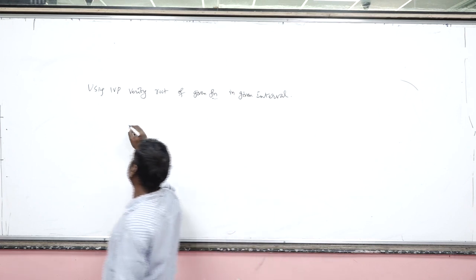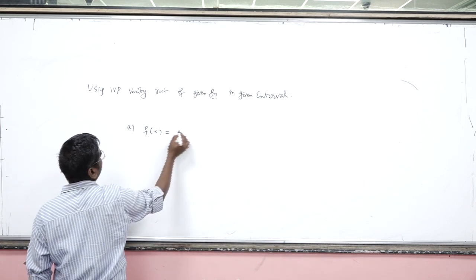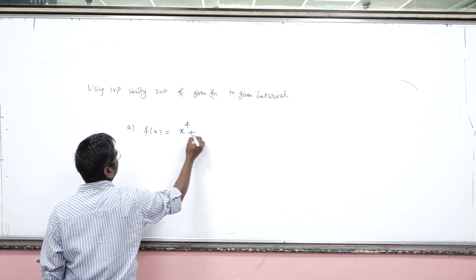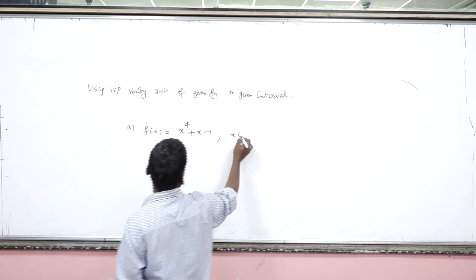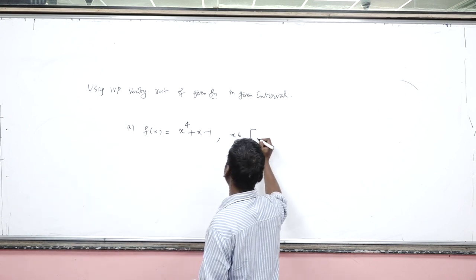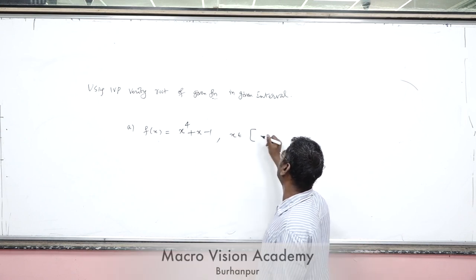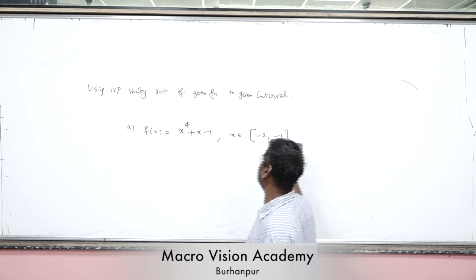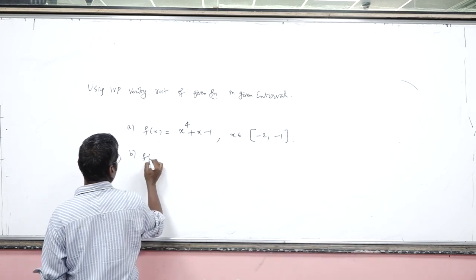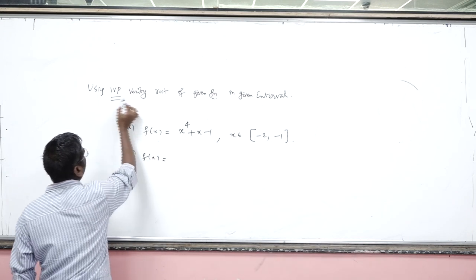Let me take 4 examples. F of x equal to x power 4 plus x minus 1, x belongs to minus 2 to minus 1. So we are only trying to apply IVP.